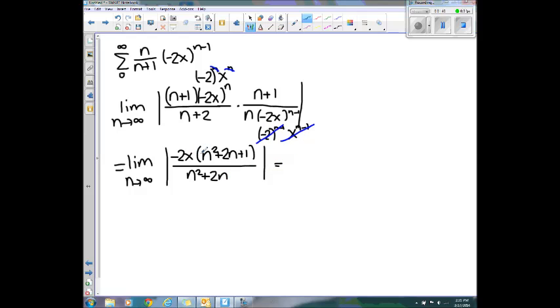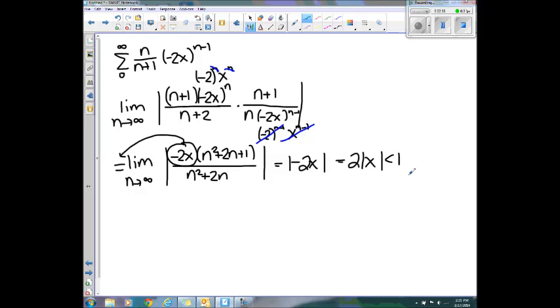If we distribute this through, or because this is considered a constant, you can pull it out in front and just look at what's left. But when I have the same degree, I know I'm going to go to the ratio of the leading coefficients, which in this case is going to be the absolute value of 2x, or I can pull the 2 out. I can leave it in or pull it out, but the negative's going to be gone.